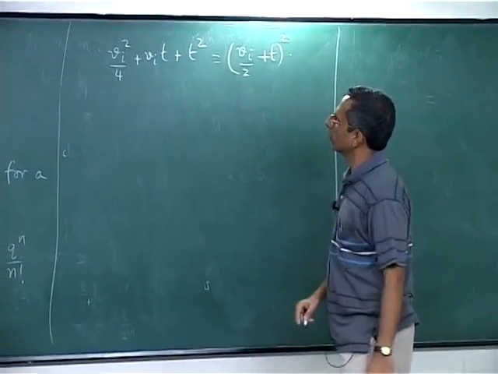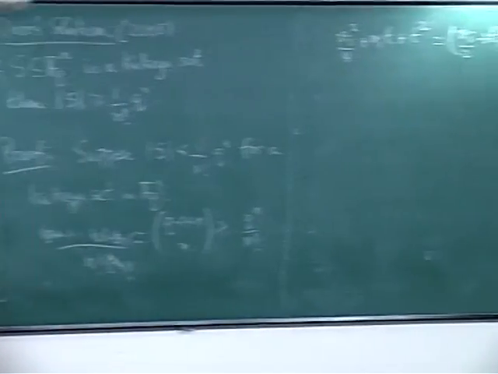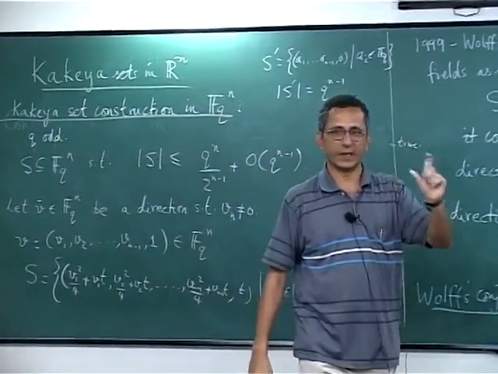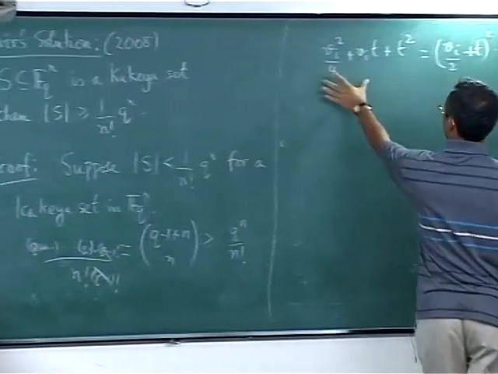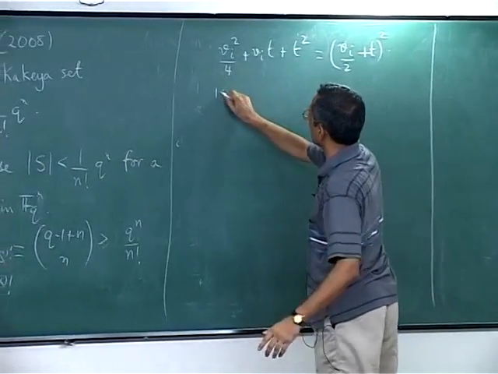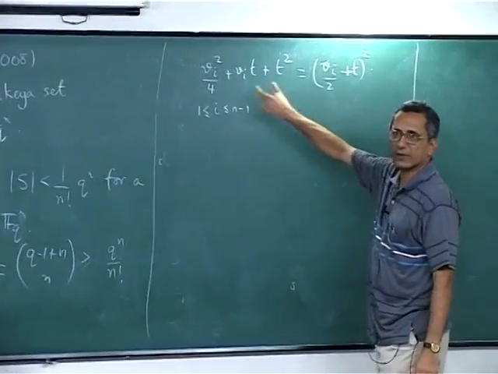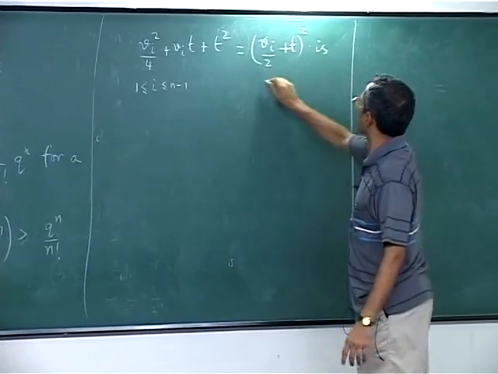Okay. So the square of the last coordinate plus any other coordinate is a perfect square. So, this is the value of the ith coordinate for 1 less than or equal to i less than or equal to n minus 1, and this is the square of the last coordinate. If I add the two, it is a perfect square in F_q.